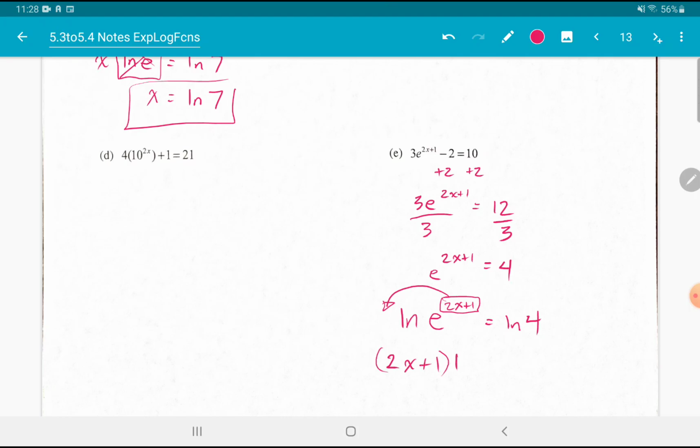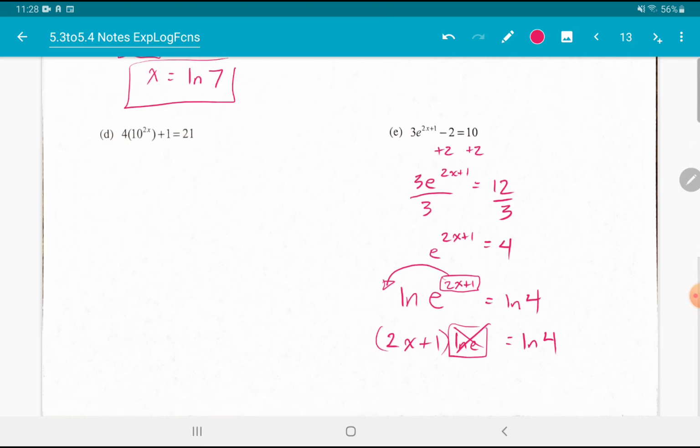Technically, it's multiplied by ln of e, but we know ln of e just cancels itself out. They are inverses of each other. And so now to solve for x, you just subtract 1 on both sides. So we have ln of 4 minus 1, and then divide both sides by 2 to get finally x equals ln of 4 minus 1 all over 2.